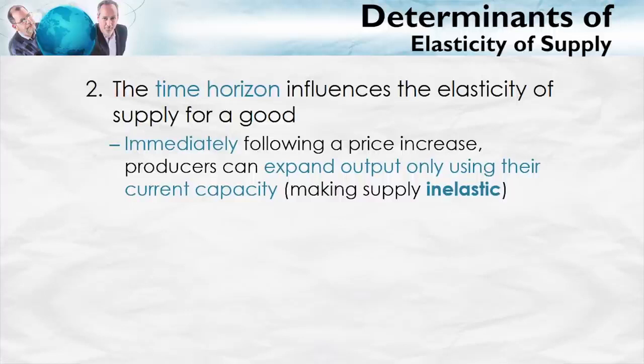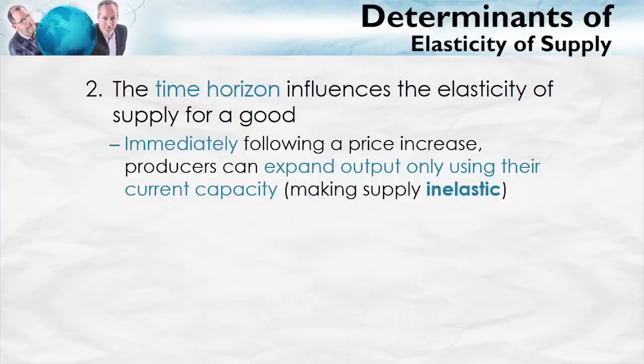For example, if we're talking about grain production, if the price of grain goes up, farmers can get a little bit more grain out of their fields by threshing, by going over the fields more carefully, but they're not going to get a lot more until a year or two down the line, until after they've had a chance to plant more acres of grain.